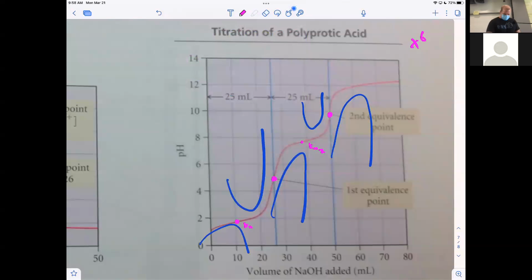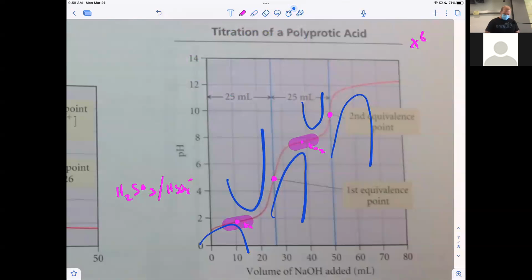But now besides that, there's buffer zones here and there. So meaning you could use sulfurous acid depending on what buffer range you wanted. If you want a buffer of about 1.7, 1.8, you could then use H2SO3 with HSO3 minus.